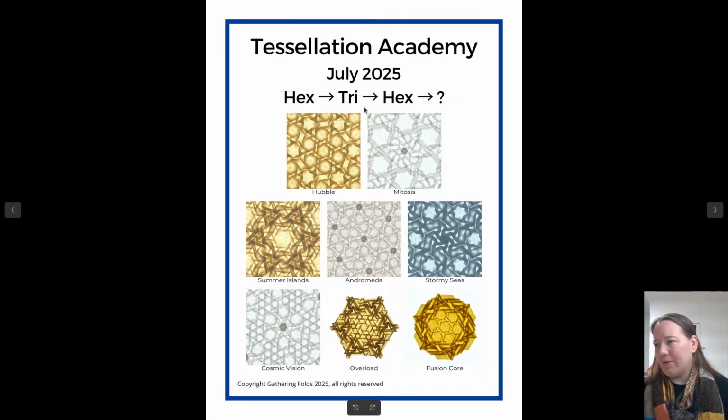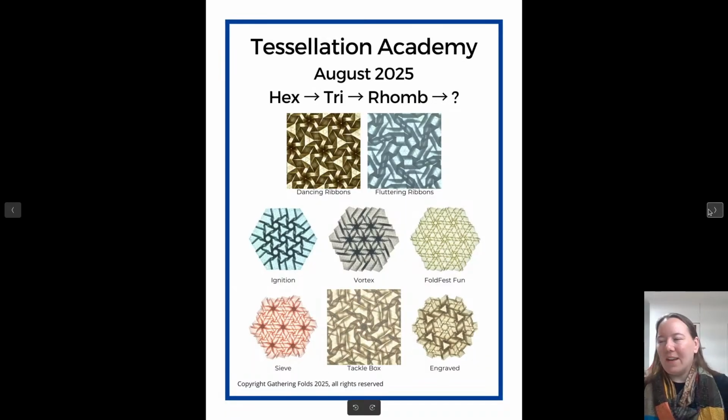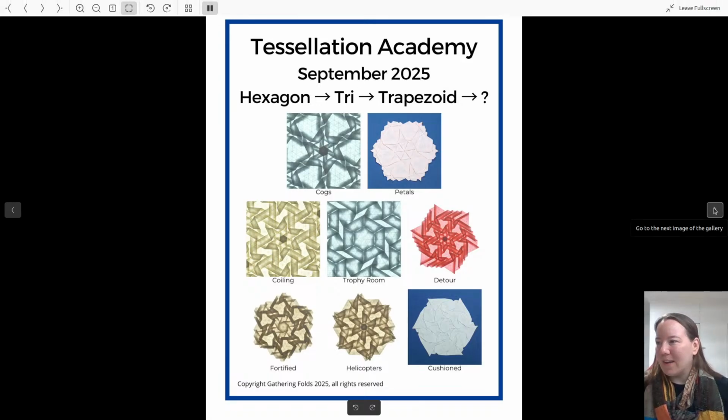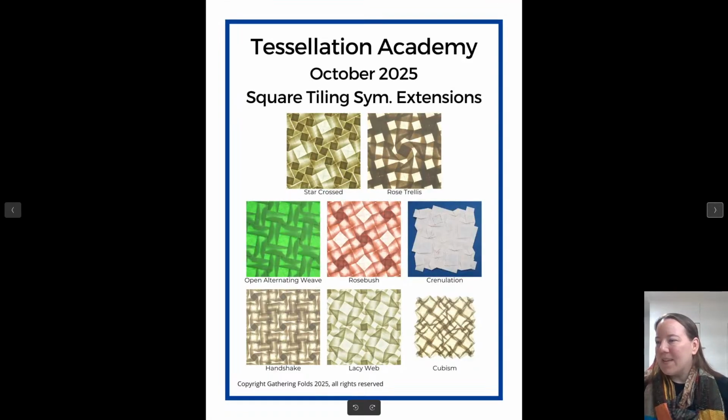So here we have things like after you've done hexagon, triangle, hexagon. Then we have things after you've done hexagon, triangle, rhombus. And things after hexagon, triangle, trapezoid. I just put together the tiling diagrams for these last week. And yeah, there's some really cool stuff going on.